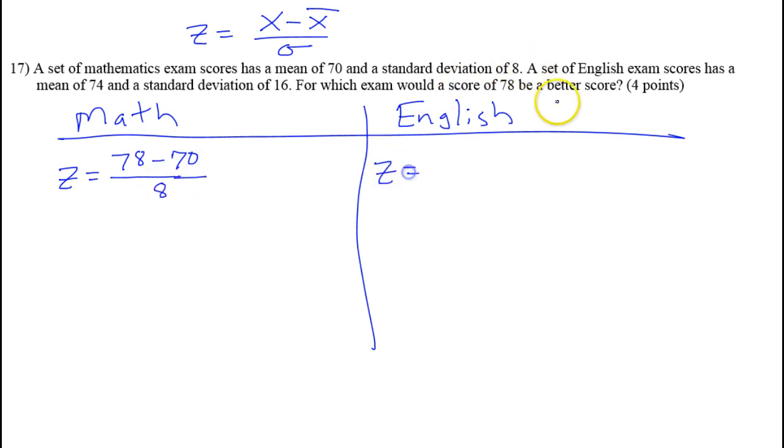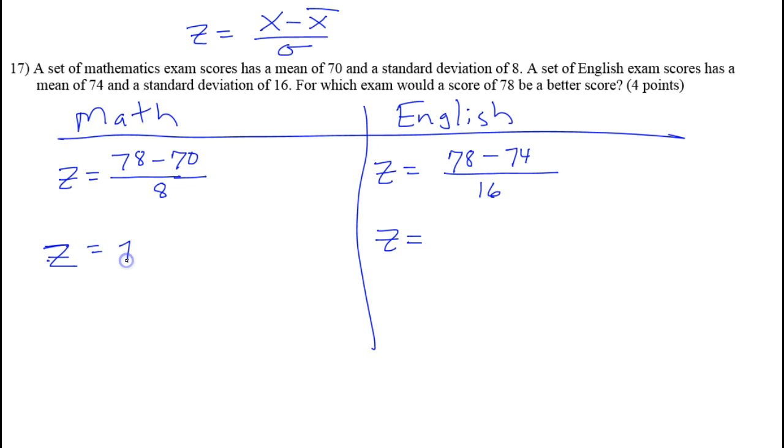Meanwhile, for the English scores, still we are looking at a specific value of 78, but the mean is 74 and the standard deviation is 16. So let's calculate both of these z-scores and see how they compare.